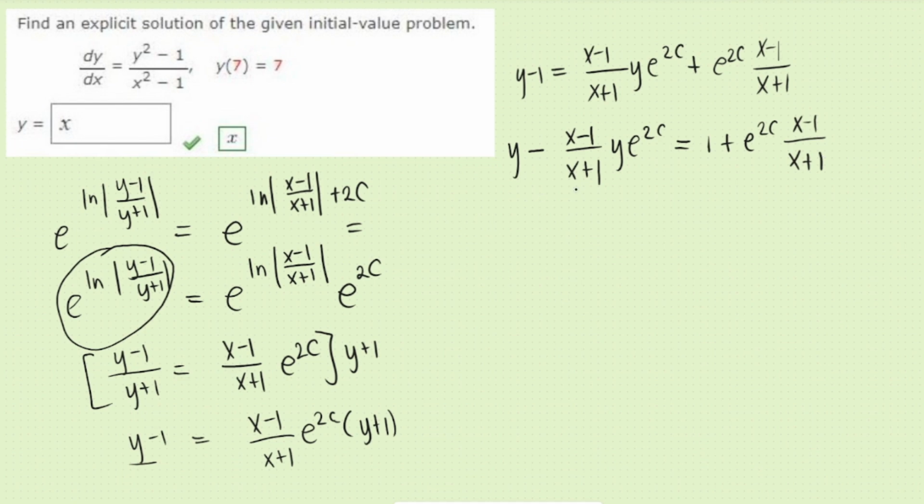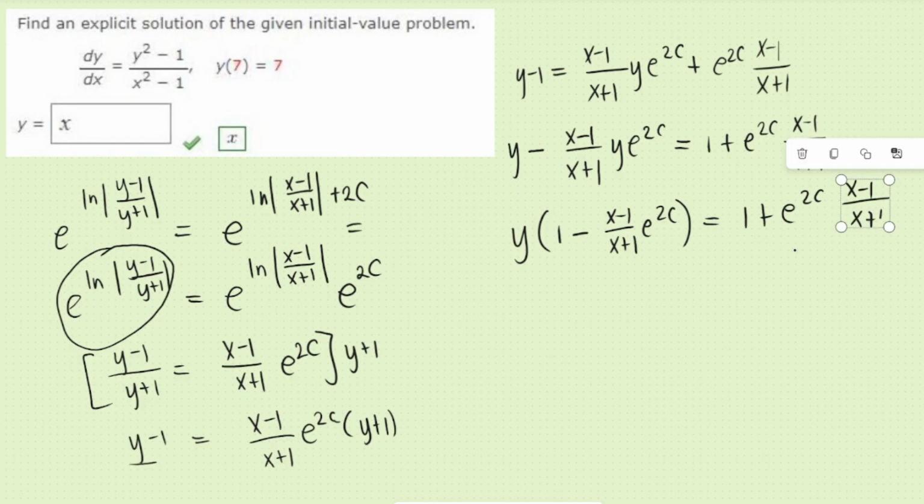Okay, so now we can actually factor out the y. We now have 1 here, because if you factor out y, obviously you get 1 here, minus what's left, x minus 1 over x plus 1 e to the 2c, is equal to 1 plus e to the 2c x minus 1 all over x plus 1.